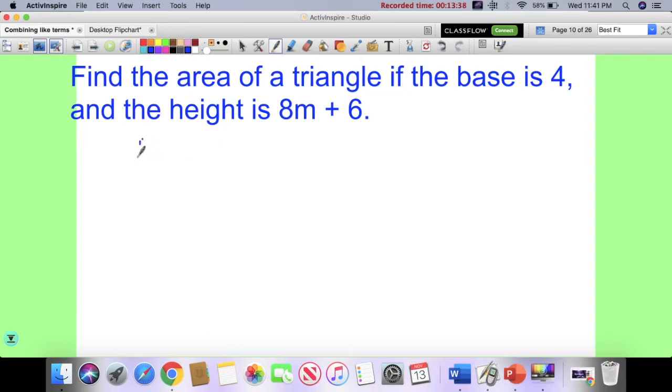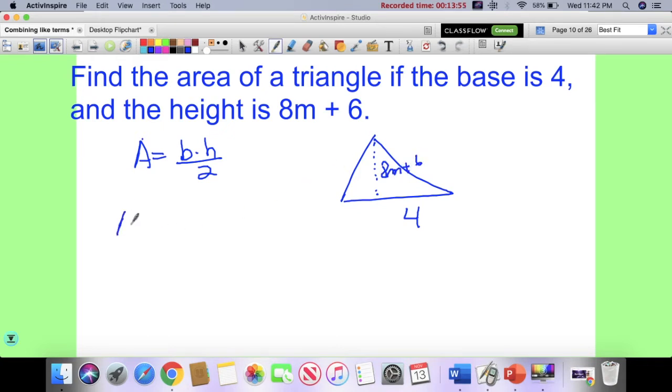Remember, the area of a triangle is base times height divided by 2. So here we have a triangle. I don't know what the triangle looks like, but I know the base is 4, and the height, this height right here, is 8m plus 6. So area equals base, which is 4, times the height, and we'll put that in parentheses, 8m plus 6, divided by 2.